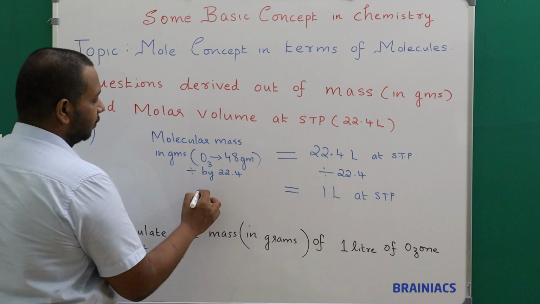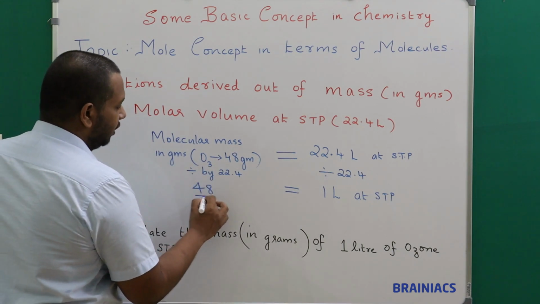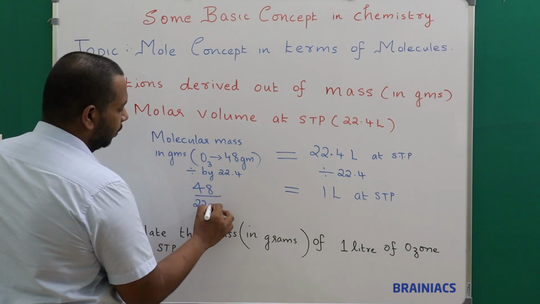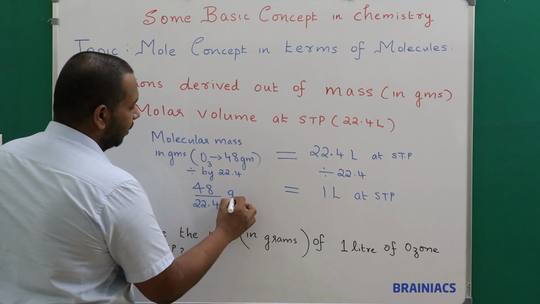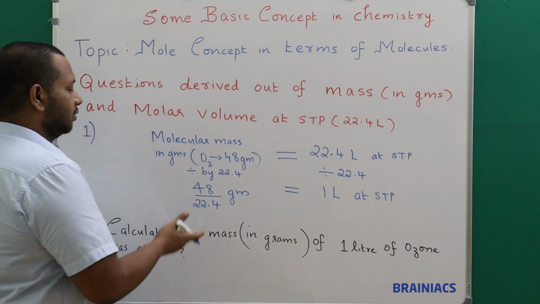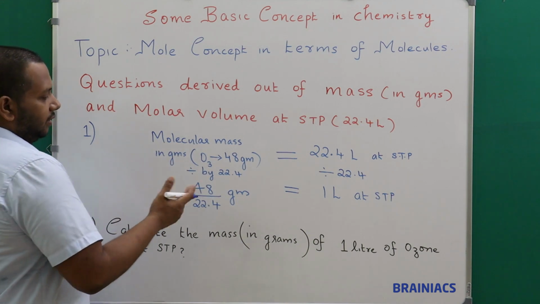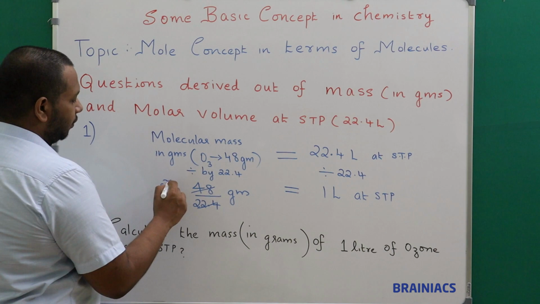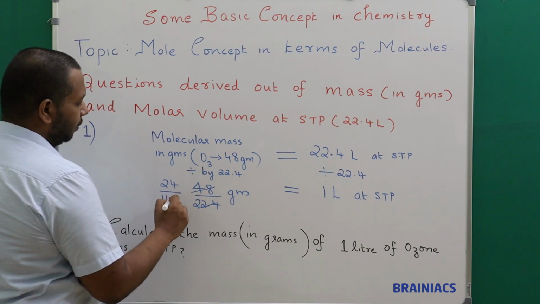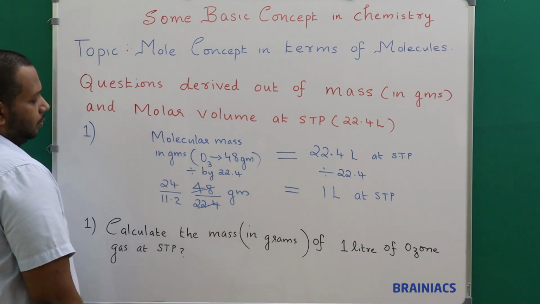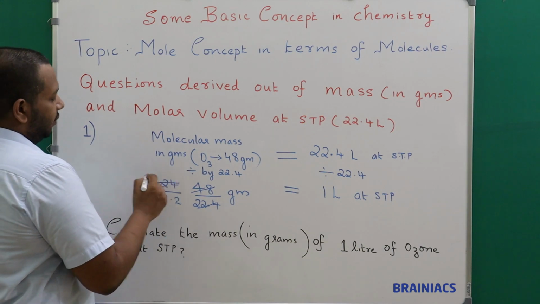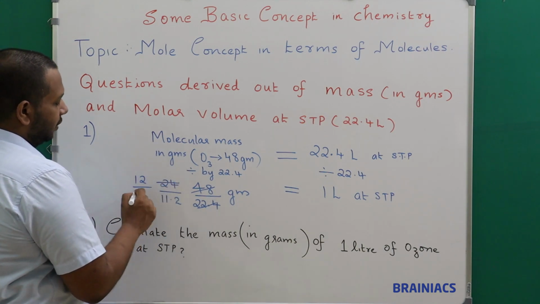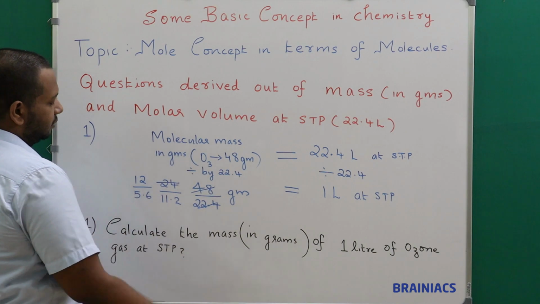So what happens here? 48 divided by 22.4 gram. So I got the answer. I just need to make it a little more simplified. I can cut this with the 24 and this will become 11.2. Super. Then I can cut further, so this will become 12 and this becomes 5.6.